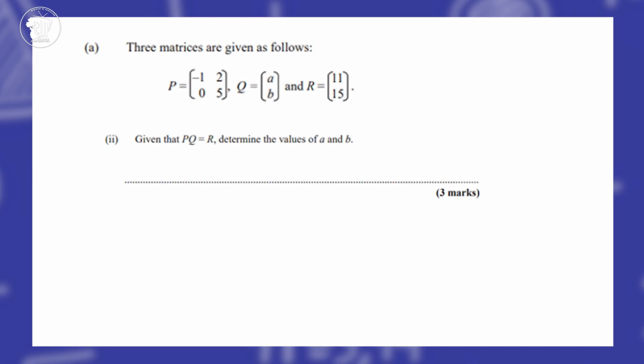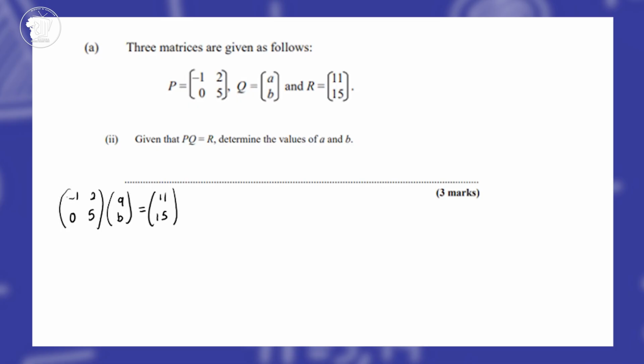Next question says, three matrices are given as follows, and we have the same three matrices. Given that PQ is equal to R, determine the values of A and B. So we know it's matrix P times Q. So matrix P would be -1, 2, 0, 5 times matrix Q, which is A, B, and that would be equal to R, which is 11, 15.